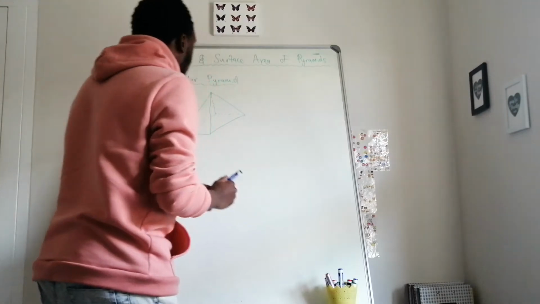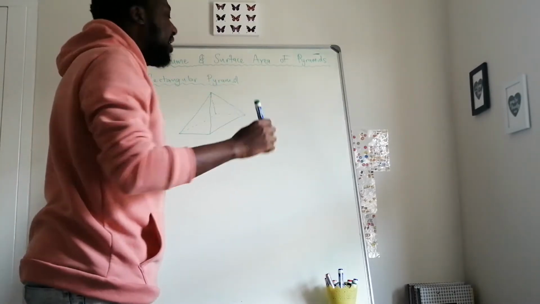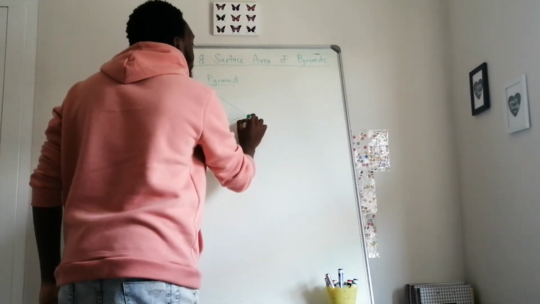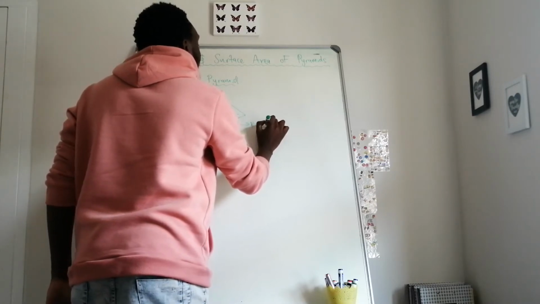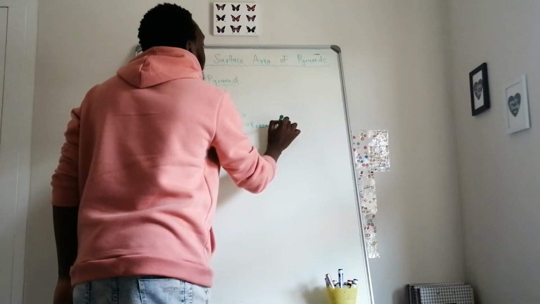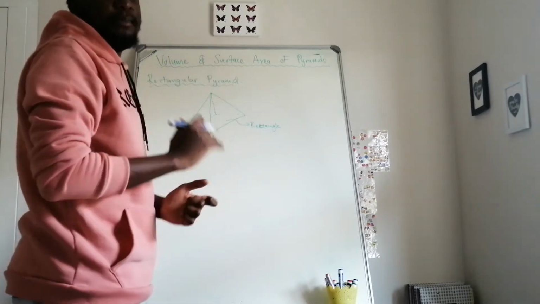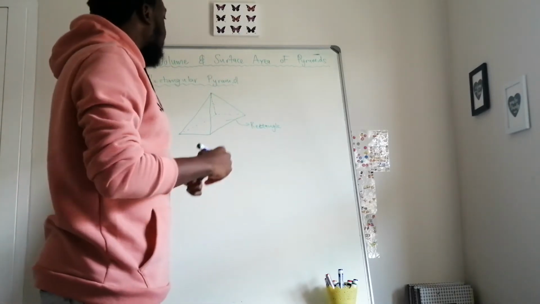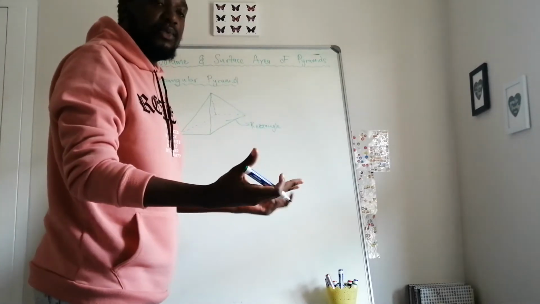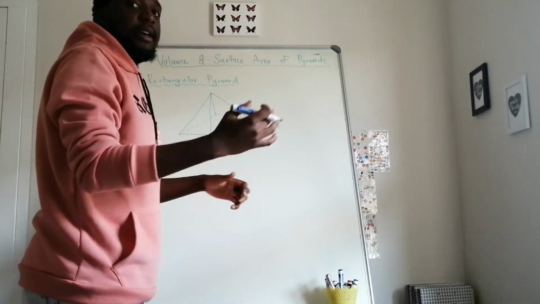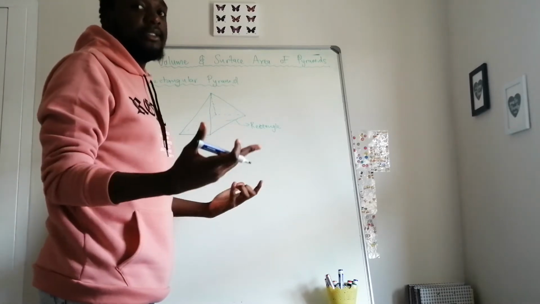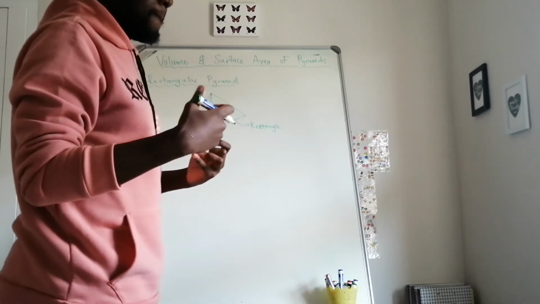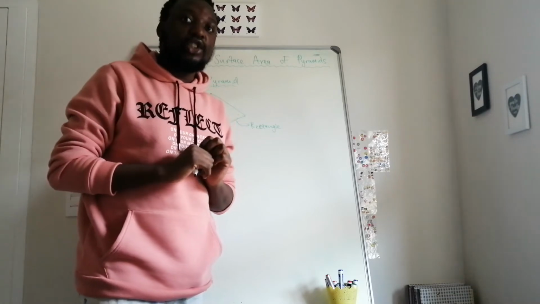So a rectangular pyramid will have a rectangle as the base. And obviously a square pyramid would have a square as the base, and a triangular pyramid would have a triangle as the base.